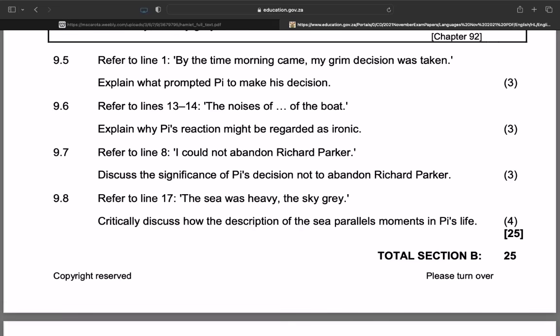Okay, a very easy question. For 3 marks, you can say that Pi discovered a human tooth while eating fruit on the island. So I think he ate an apple, and then while eating the apple, he discovered a human tooth inside of the apple, and this gave him an indication that this island is dangerous, it's evil.